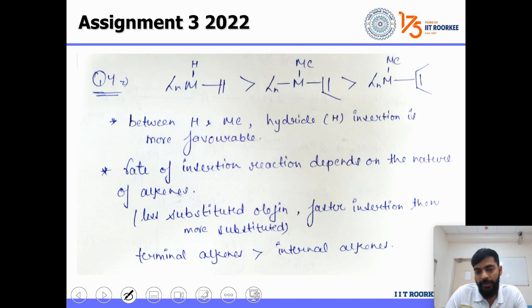The rate of insertion reaction depends on the nature of alkenes. Less substituted olefin, faster insertion due to less hindrance. That's why terminal alkenes are easier than internal alkenes. You have given the correct answer. Shall I move to the next question?